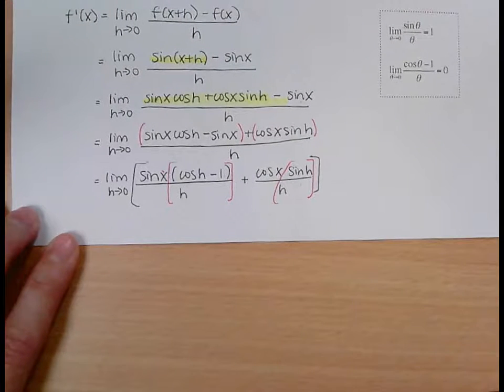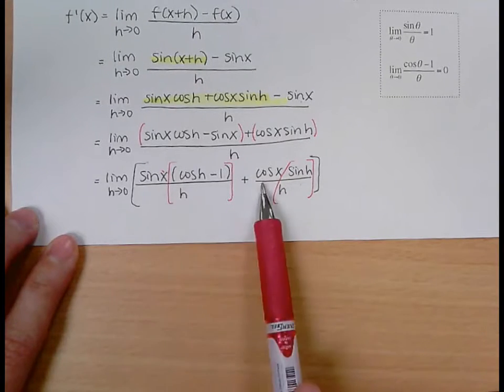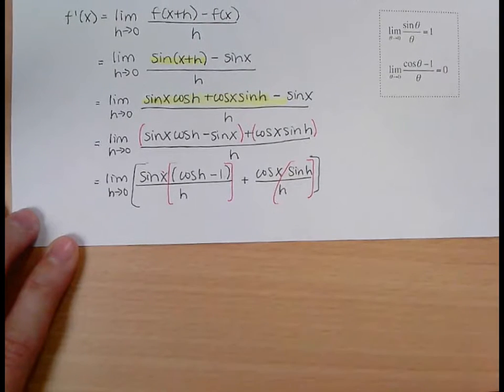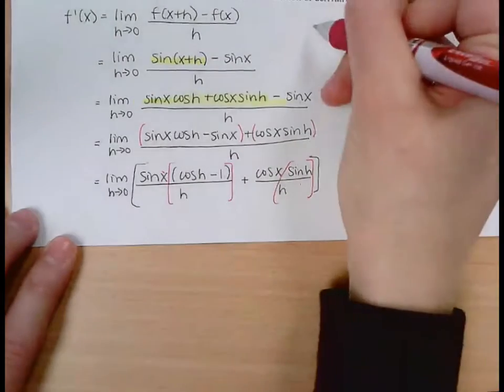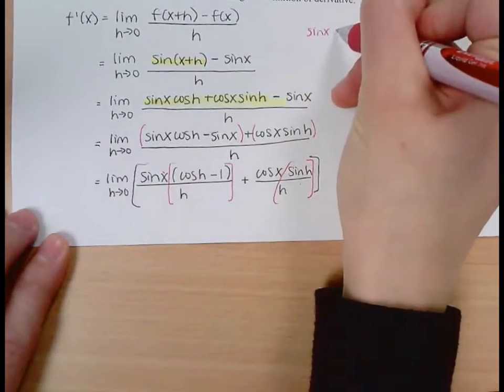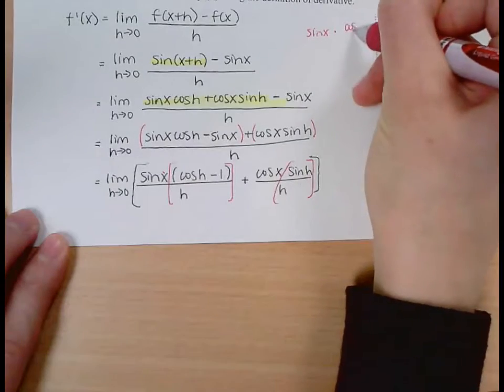Any questions? Oh, when I split it, why don't I have to have the h? Because with fractions, if I wrote, I'll just write this out, this would be sine of x if I didn't write it as one fraction.